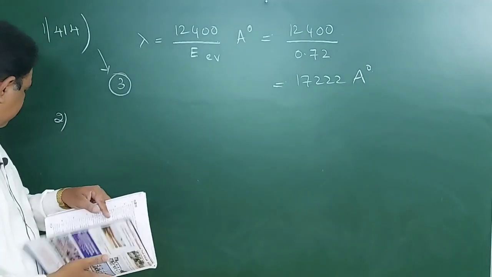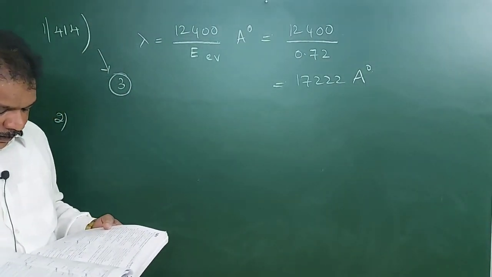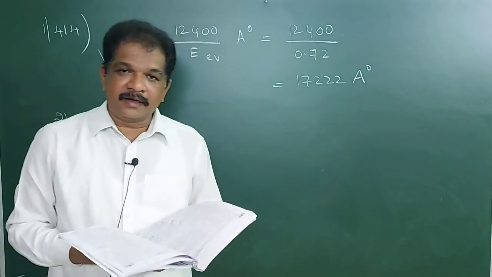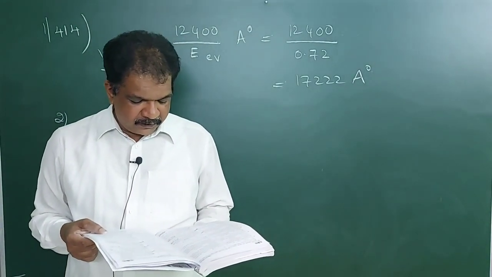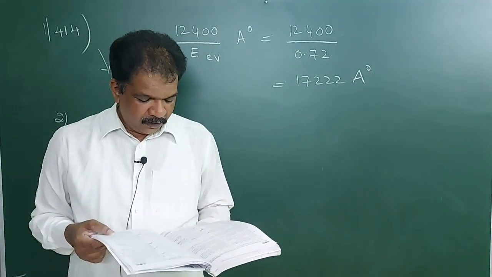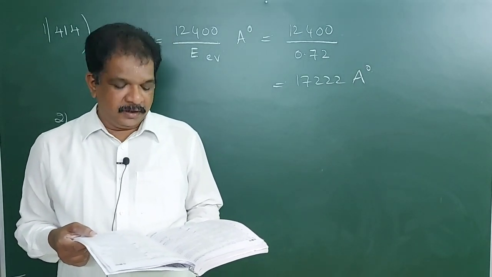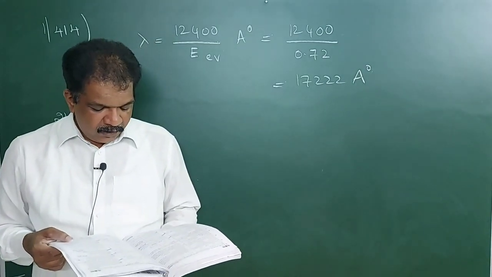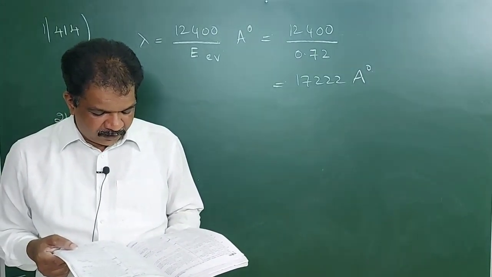See the second one, what are they asking? Pick out the statement which is not correct. Wrong statement they are asking. At low temperatures, resistance of semiconductor is very high. Correct only. Movement of holes is restricted to the valence band only. That is also correct. Width of the depletion region increases in the forward bias.